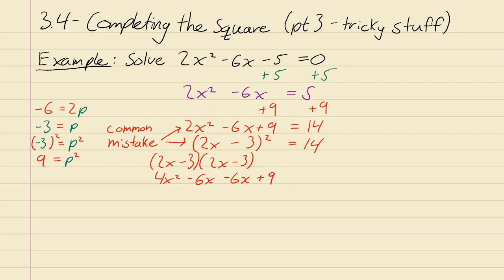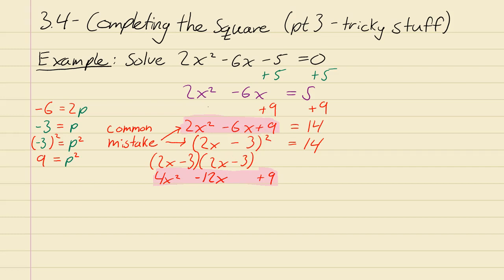The negative 6x's you can combine to make negative 12x. And this is not the same thing at all as what you started with. So this was a mistake when we factored this.